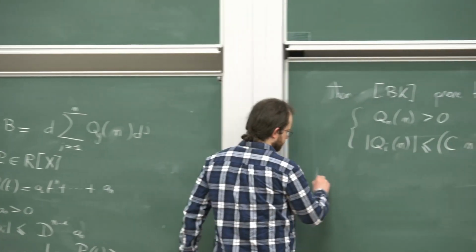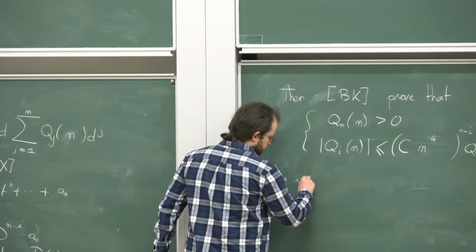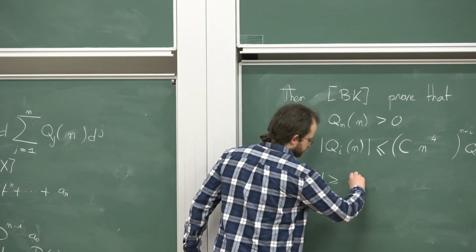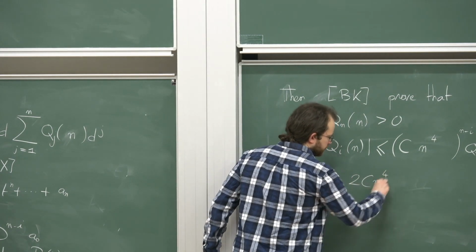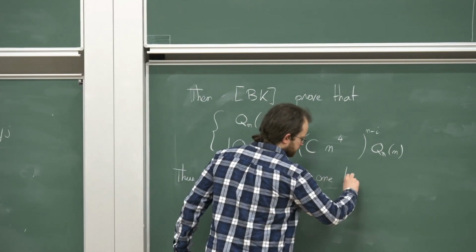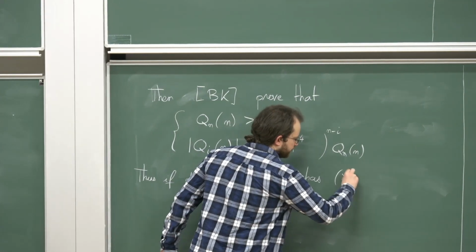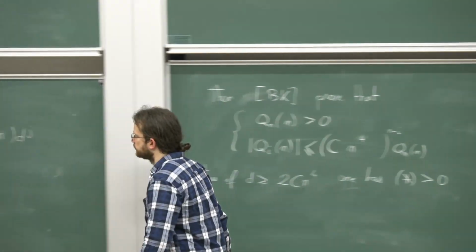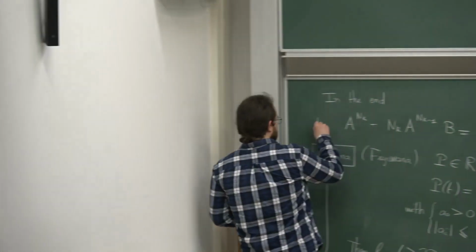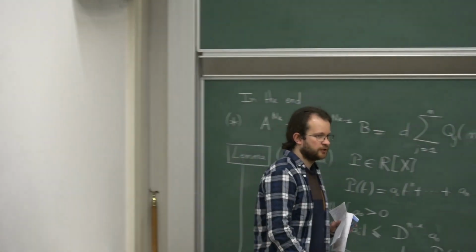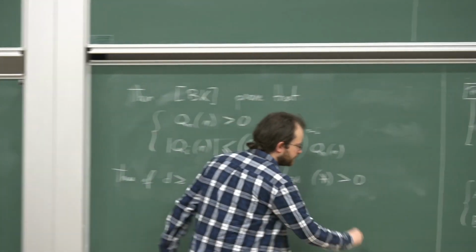Thus, if d is larger than, say, 2c n to the power 4, one has that the expression that is written here is positive. And this ends the whole proof.